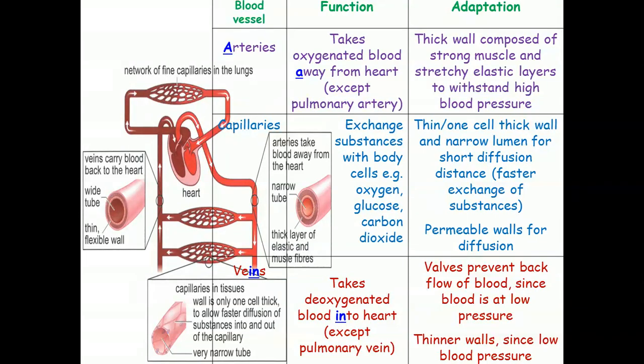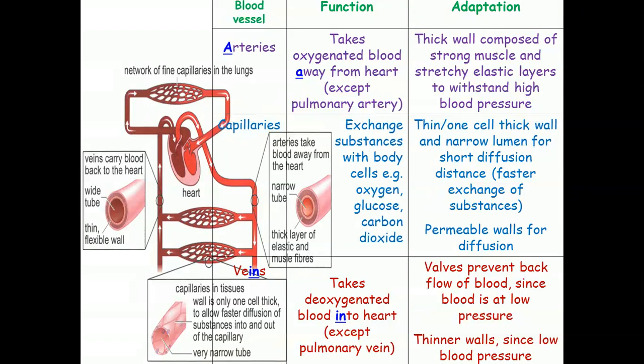To withstand that pressure, the arteries need a really thick wall, and that thick wall is composed mainly of strong, thick muscles, and also a thick elastic layer which stretches when the blood collides. That withstands the high blood pressure because the blood vessel can stretch, which increases its volume, and that will then decrease the pressure.